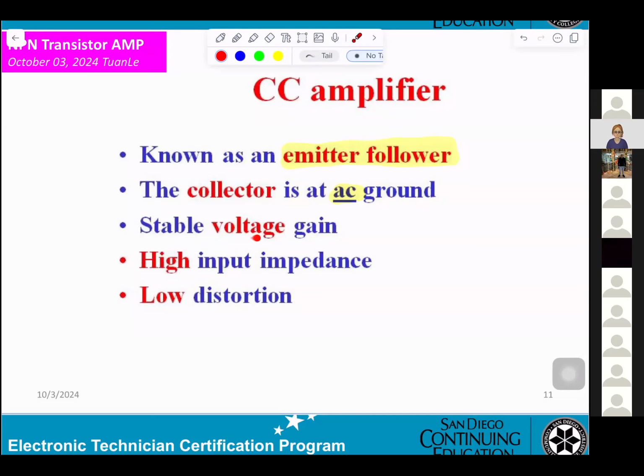This will be stable voltage gain, high input impedance and low distortion. So common collector is not a high gain. However, the one thing you can get is high input impedance.